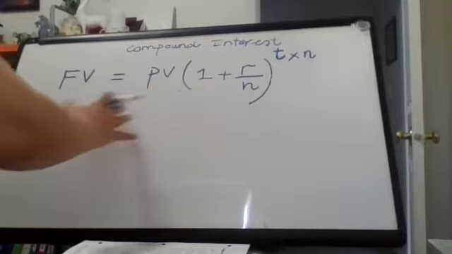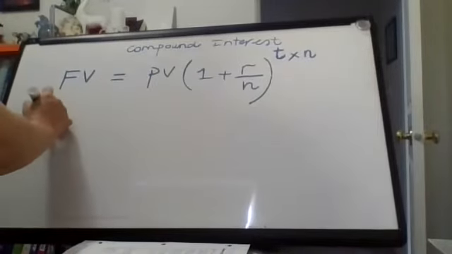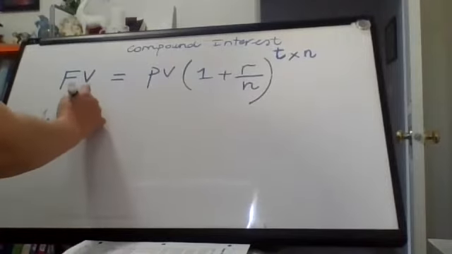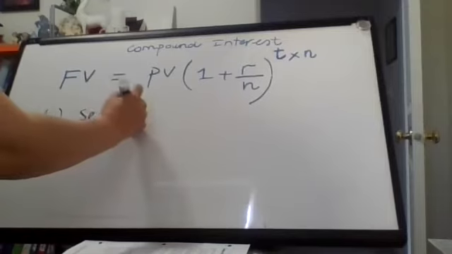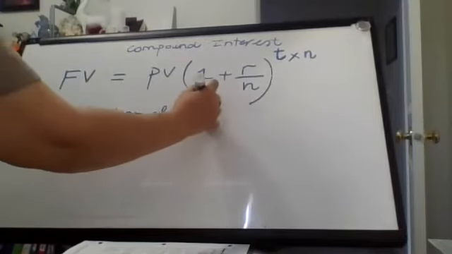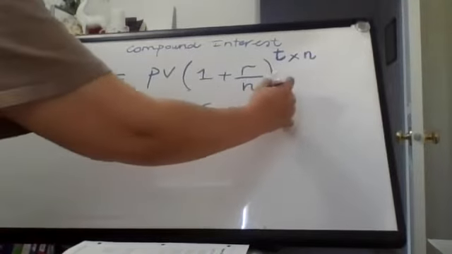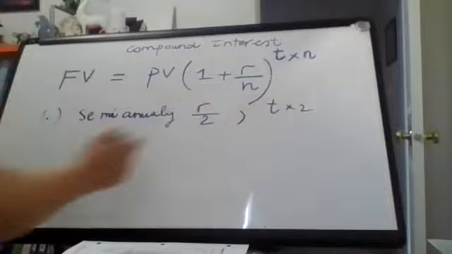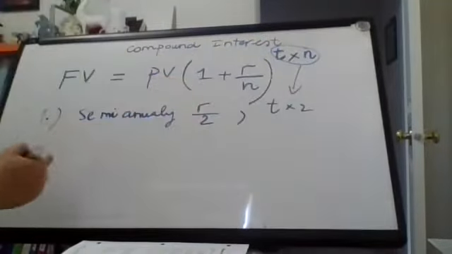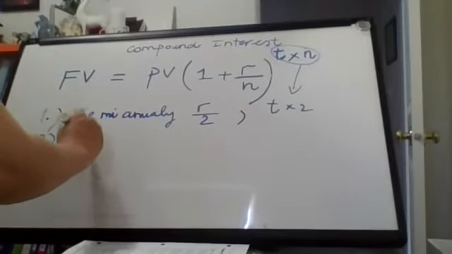So in this formula, you should know it is the same for all cases. Number 1, semi-annually: this rate will be divided by 2, and the period will be t times 2 on the top here, right? That's the case. Now, number 2, we're talking about quarterly.